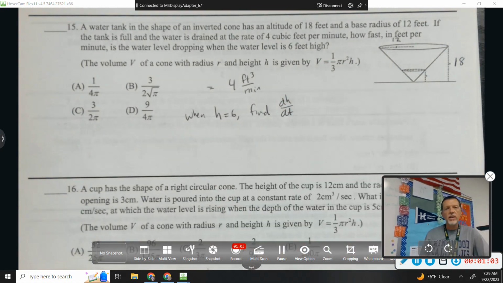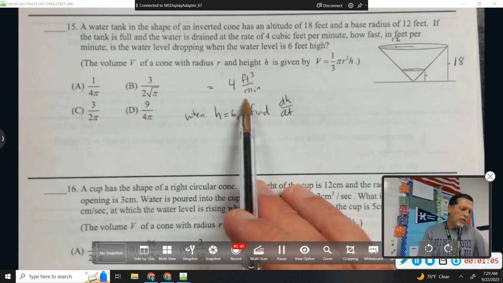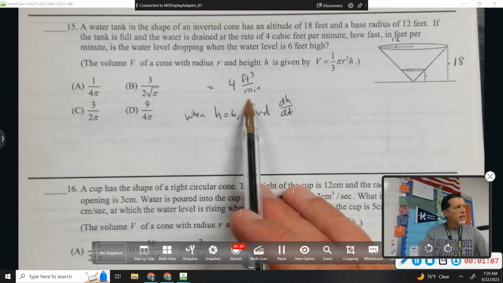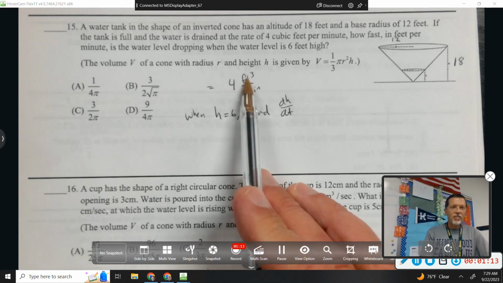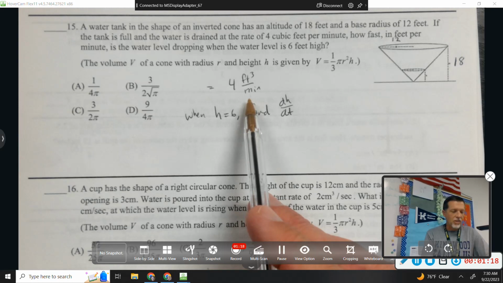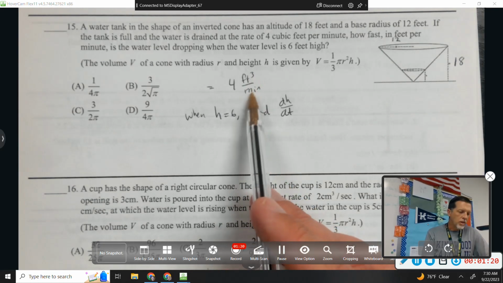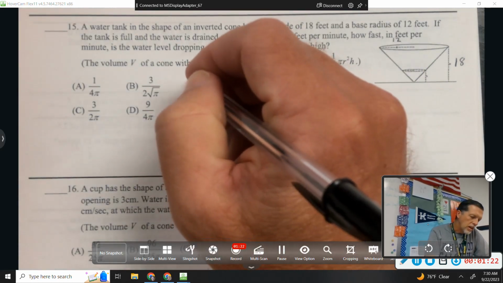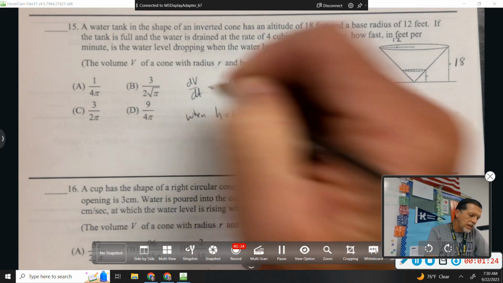Find dH/dt. What's this 4 feet cubed per minute? It's dV/dt, change in volume over change in time. Again, you can use your units to figure out what they're giving you. Feet cubed is a volume, minutes is time, so that's a rate, dV/dt.